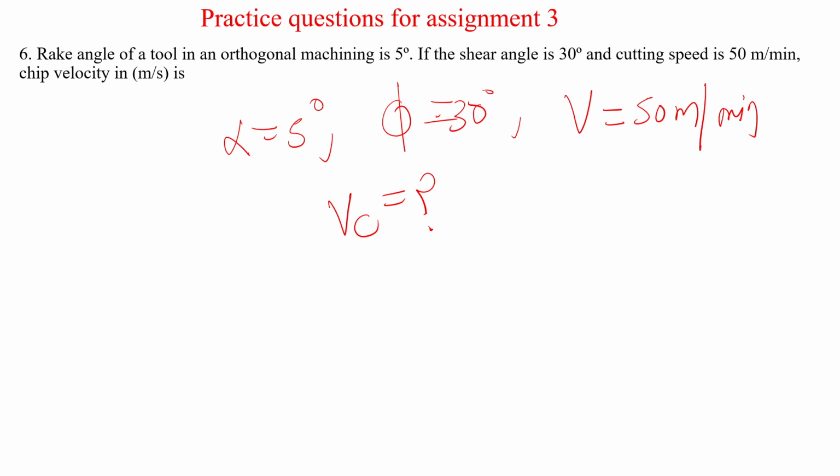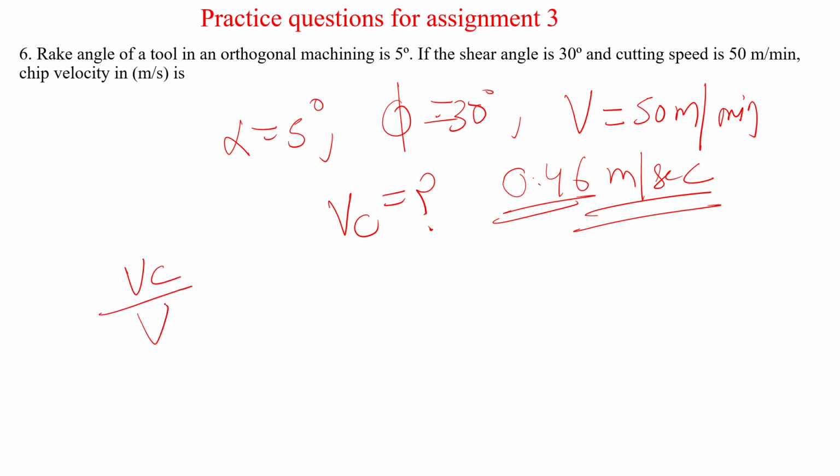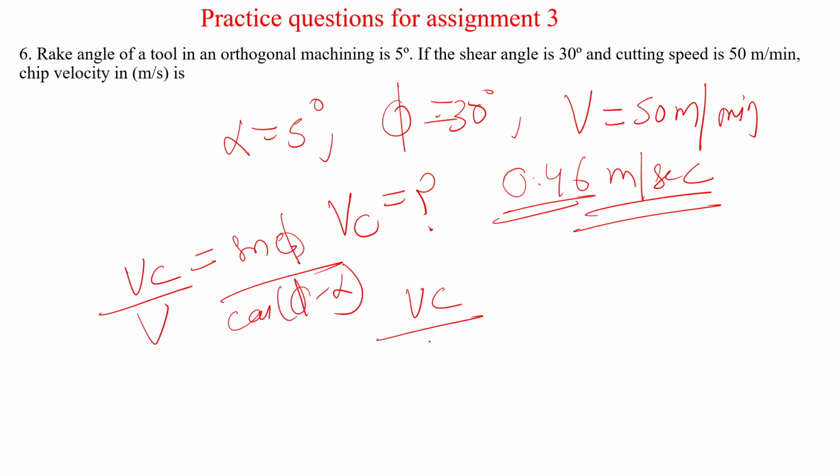Okay, fine. One answer is equivalent to 0.46 meter per second. Yes, sir. 0.46 meter per second. Okay, rest, can you do it? It is very simple. We know that Vc by V is equal to sine phi upon cos of phi minus alpha. So Vc by V is how much?